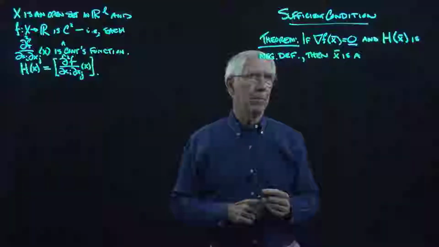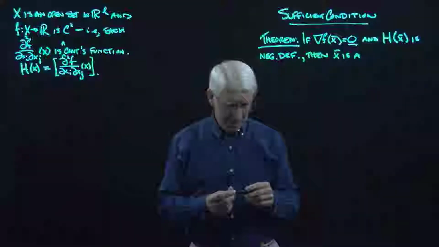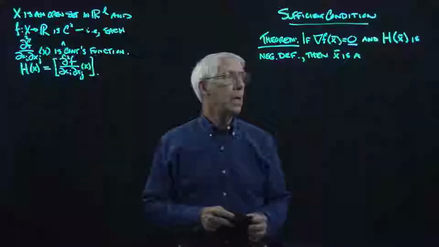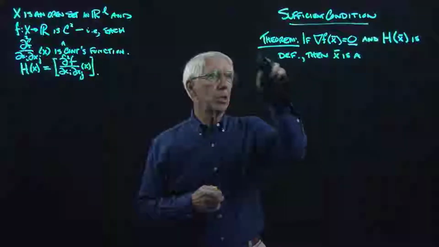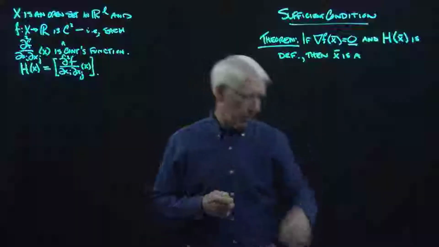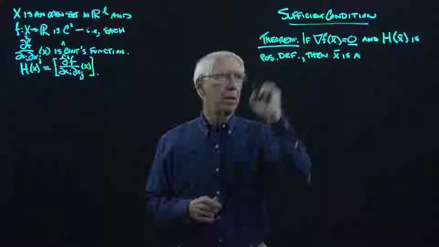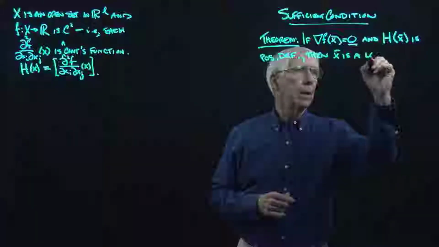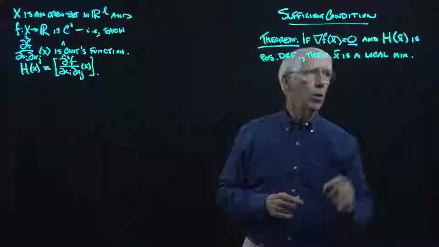Oh, I'm sorry, I said negative definite. Let's make that positive definite, because I do want to work with this being a minimum. That was really the main reason I wanted to do this: I want to have this be positive definite. Then x bar is a local minimum.